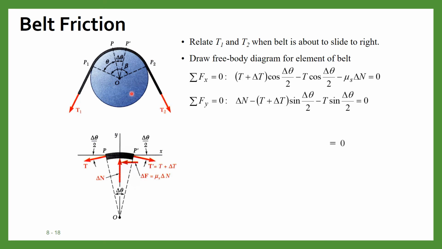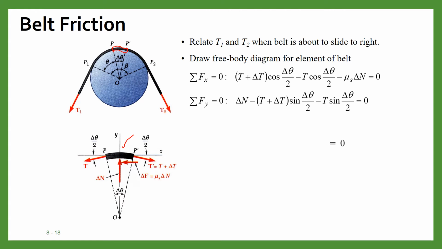So first thing we will do is to make the free body diagram of the element. So we will consider this element, and the free body diagram of this element has been drawn here.